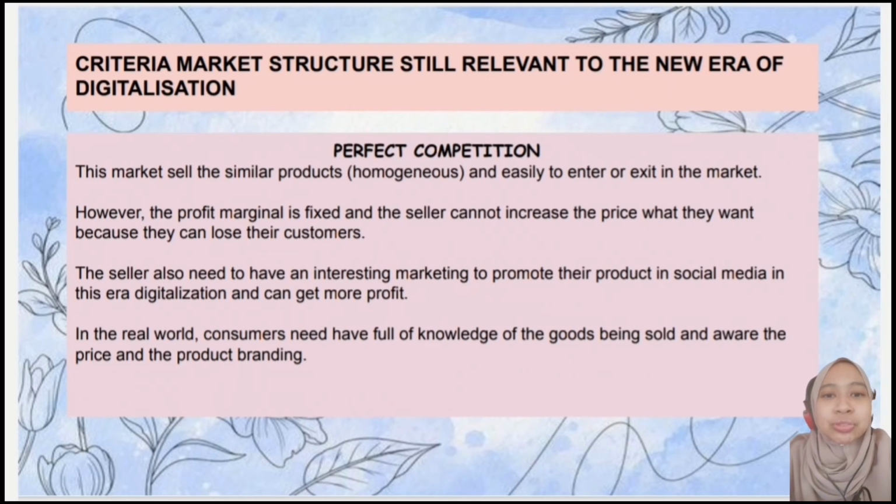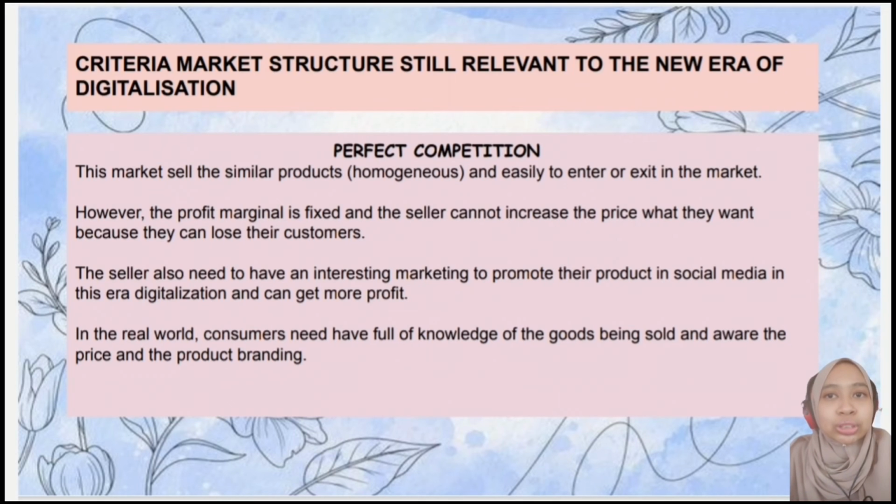First is perfect competition. This market structure is relevant in this era of digitalization because in this market they sell similar, homogeneous products and it is easy to enter the market. However, the profit margin is fixed and the seller cannot increase the price as they want because they can lose their customers.